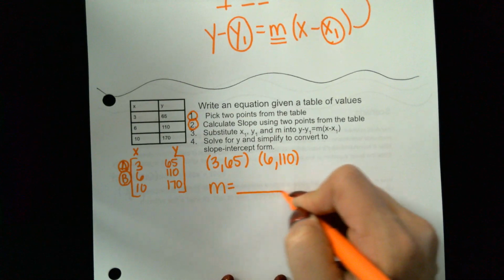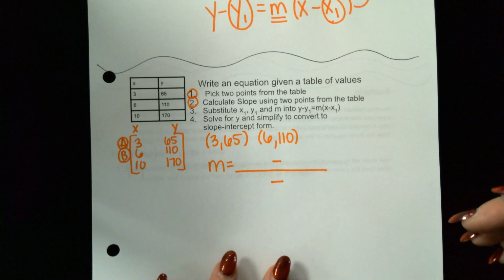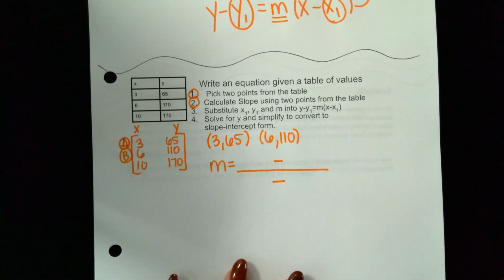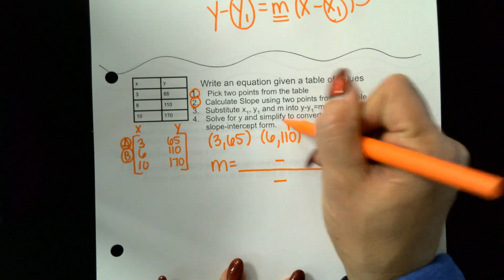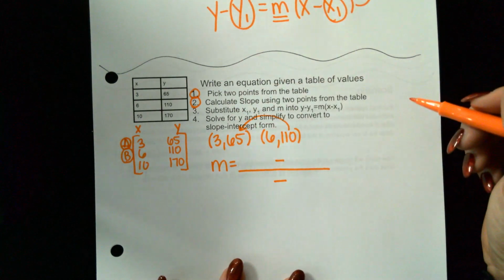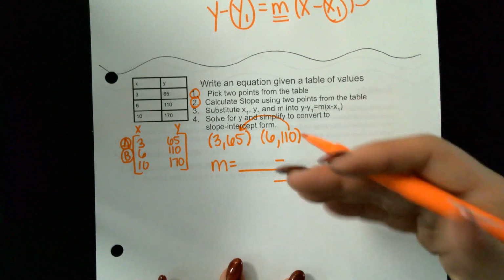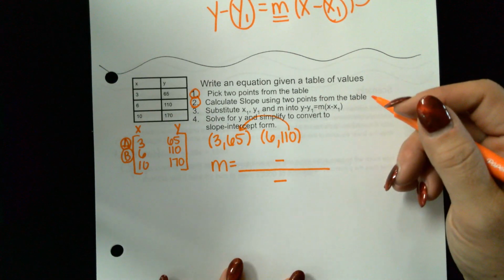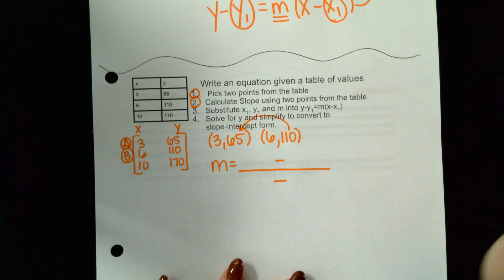So let's get these plugged in. What are my 2 y values that I will subtract up top? The 65 and the 110. Now, think about this, you guys. If you're subtracting, wouldn't you rather start with the bigger number? Wouldn't you rather do 110 minus 65?